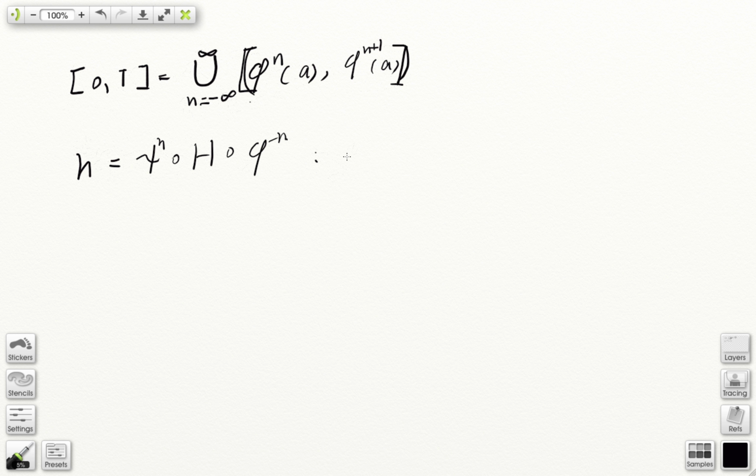This is defined from phi^n(a) to phi^(n+1)(a) to psi^n(a) to psi^(n+1)(a).